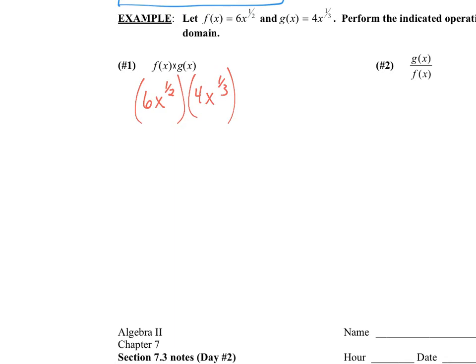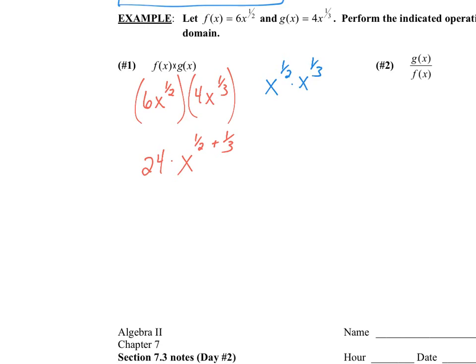Okay, so we would get 24 times x to the 1/2 plus 1/3. Because when we're multiplying bases, we add the exponents.